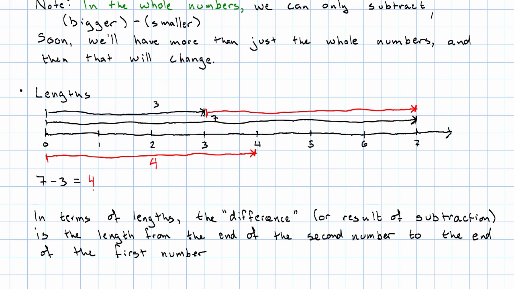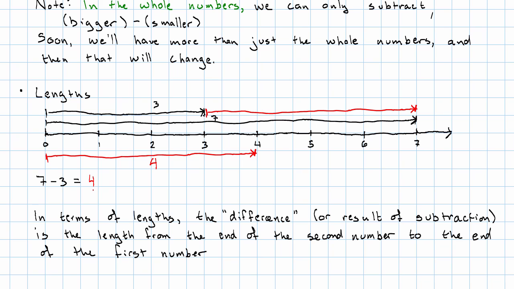Just like with addition, of course, we're not doing this to find out what 7 minus 3 is. We know what 7 minus 3 is. We're doing this to understand what it means to be 7 minus 3, because that's going to help us when we get to more complicated numbers.